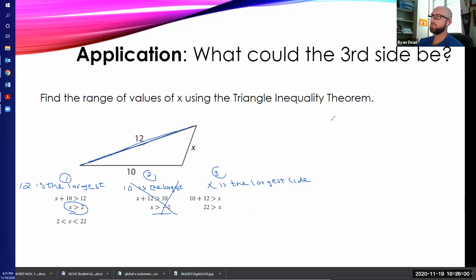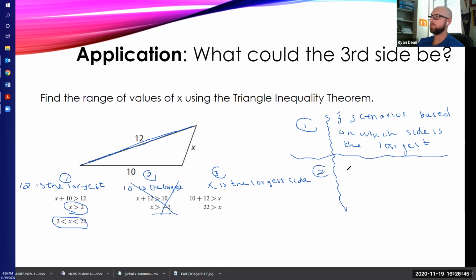So for every one of these, you're always going to have 3 scenarios, and you're just basing the scenarios on which side is the largest. And then you set up your inequality. We set up the inequality, we solve to get the x by itself. And that's going to help us to do this final piece here, which we're about to talk about. Okay, so this is the first step to these kinds of problems.